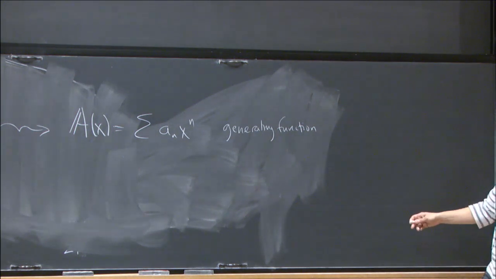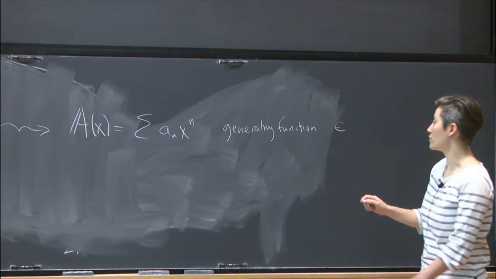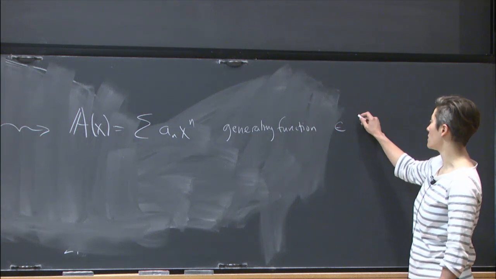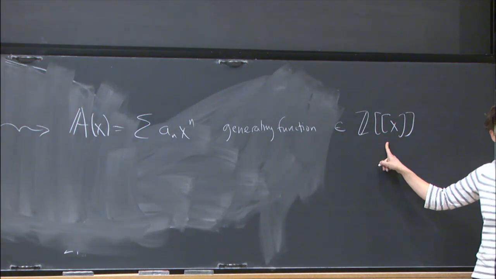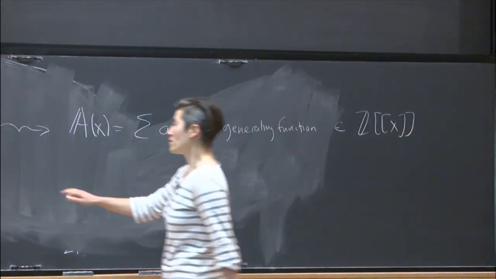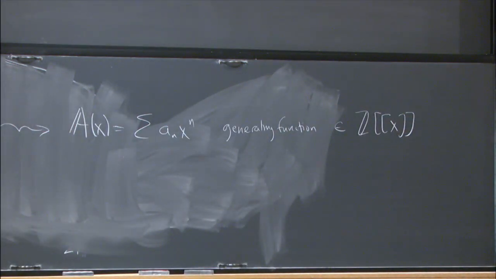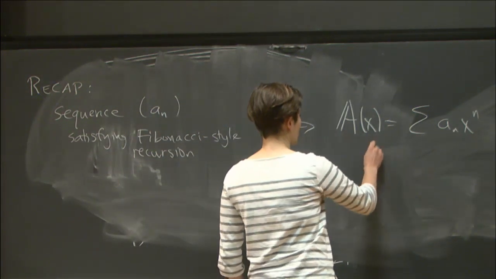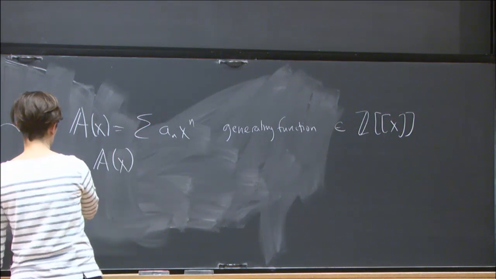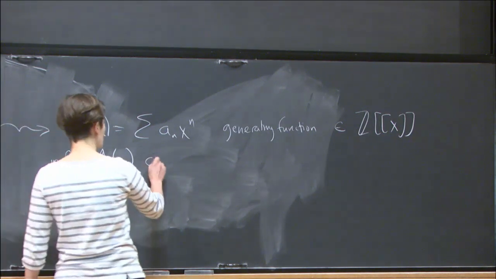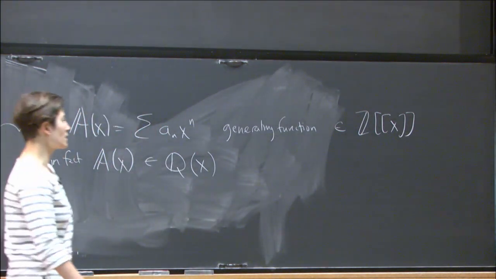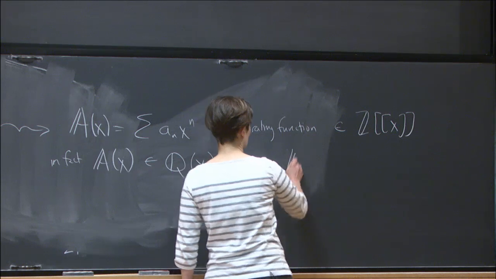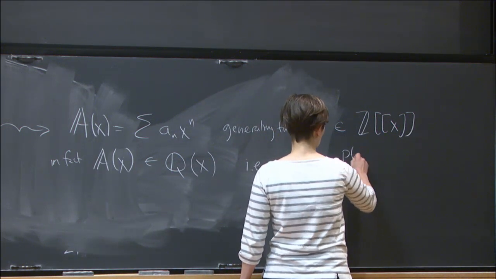Now, a priori, this generating function would only be, say, an integer coefficients formal power series. But if it came from a Fibonacci style recursion, then there was a way of manipulating it to see that, in fact, this would actually be a rational function, i.e., a ratio of polynomials.